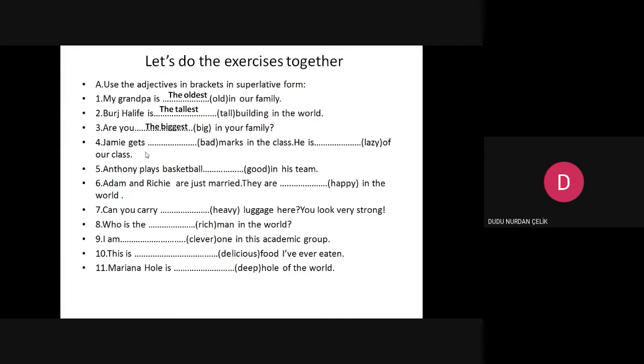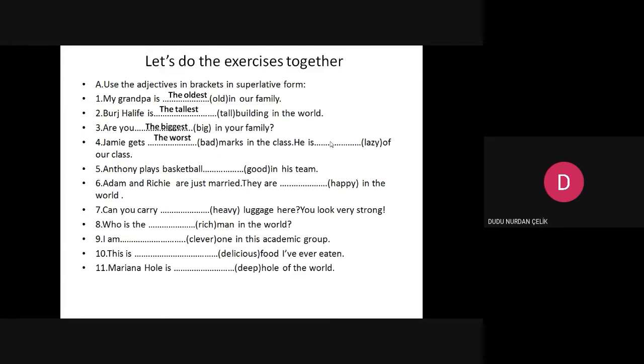Okay, look at the fourth one. Jamie gets bad marks in class. He is lazy of our class. In the class, of our class. In and of, superlative. And bad is irregular, be careful. Of course, the worst.